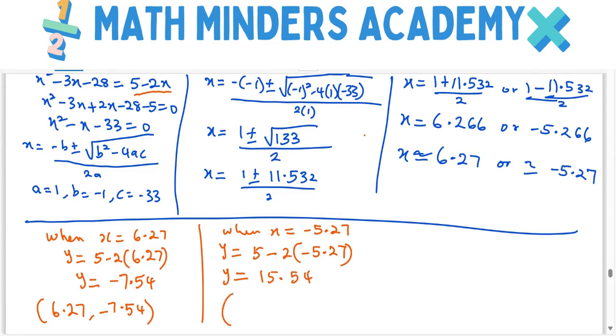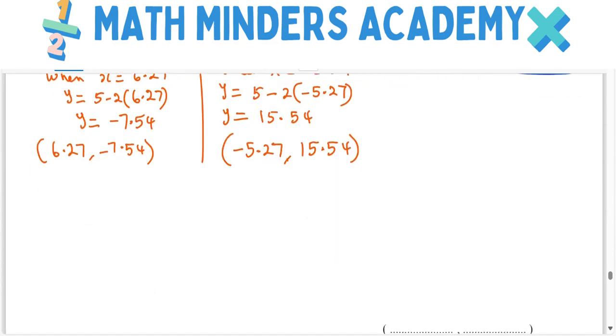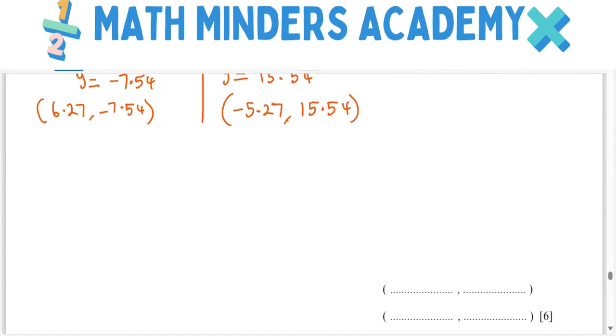So this is the coordinate for that: minus 5.27, comma, 15.54. So it is these values that we enter here. We have 6.27 and minus 7.54. We have minus 5.27 and 15.54.